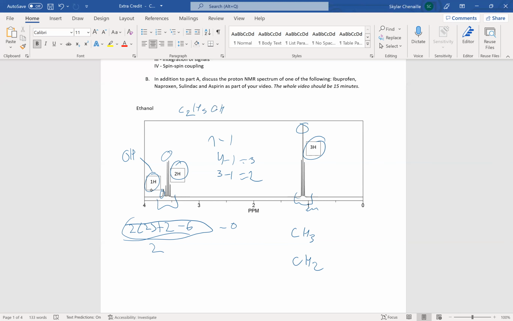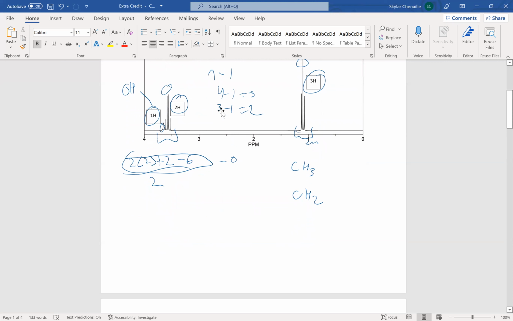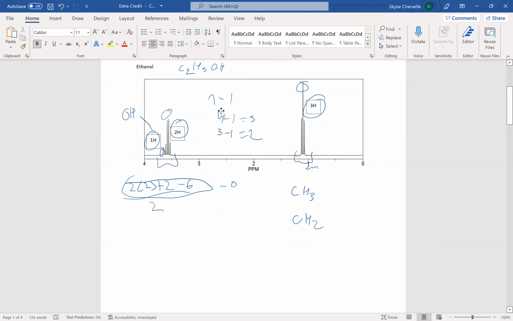And we have our singlet, which is our OH group. We know that because these hydrogens are taken care of, and this hydrogen is taken care of. So if I wanted to put this together, our triplet group and our quartet group are different ppm-wise.